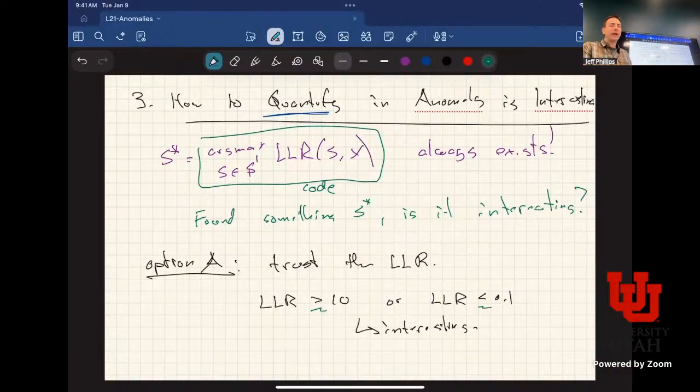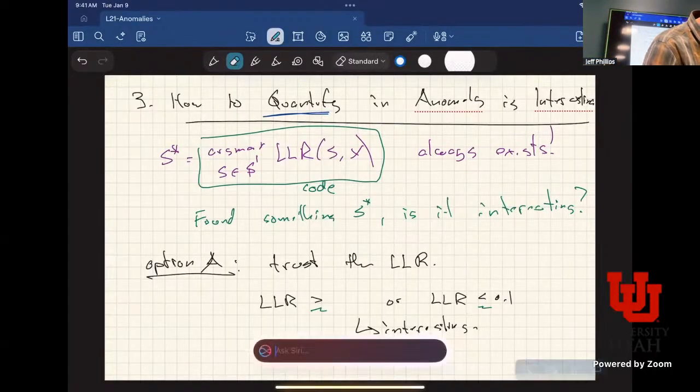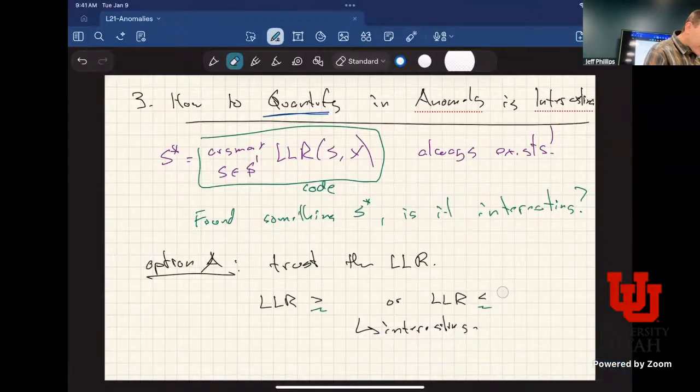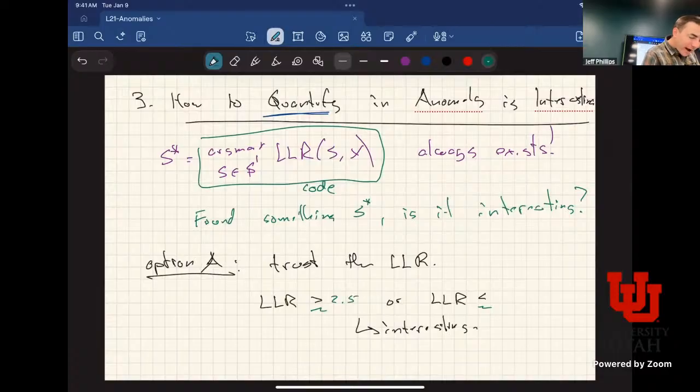In fact, there's a way you can use this to directly derive something like a p-value, and I will say a little bit more about p-values in the next option. But if you trust the likelihood ratio model and you see something bigger than 10, or this is the log of it, actually. So the log of this should be even smaller. I think it's bigger than like 2.5 and like 0.2, less than 0.